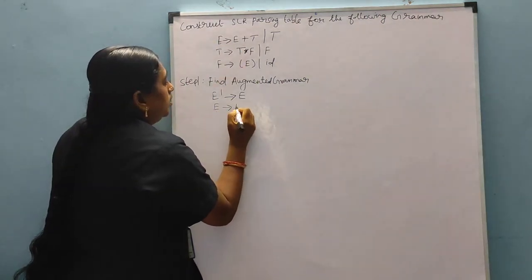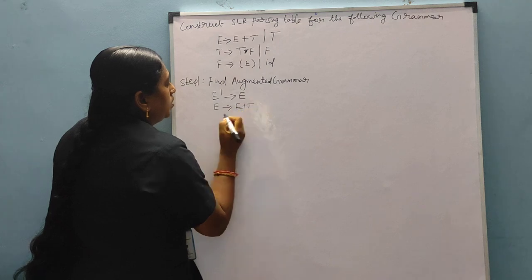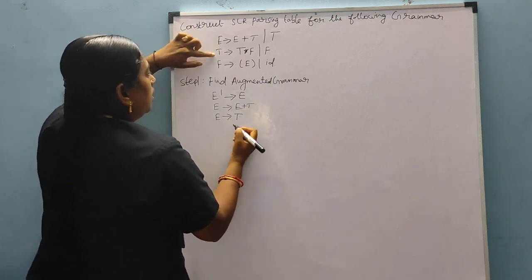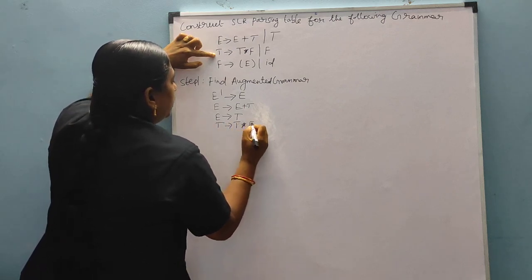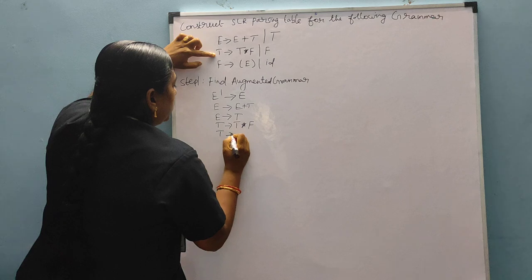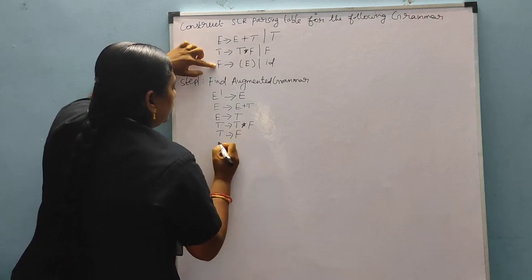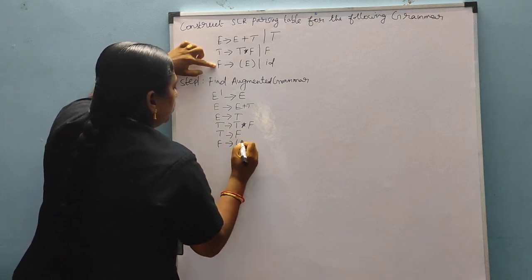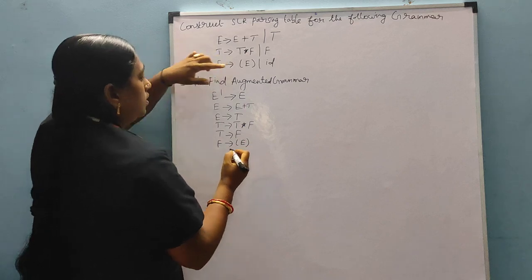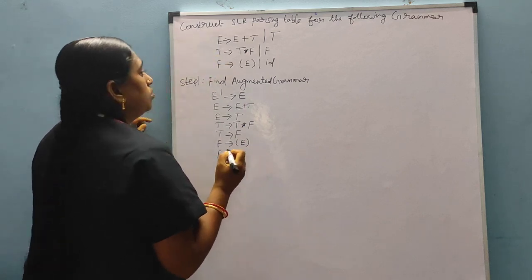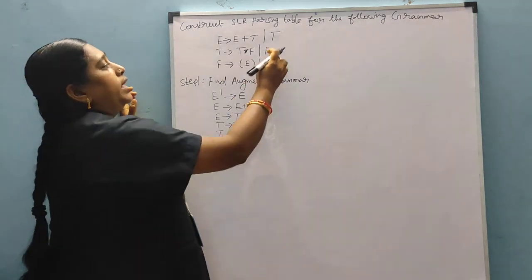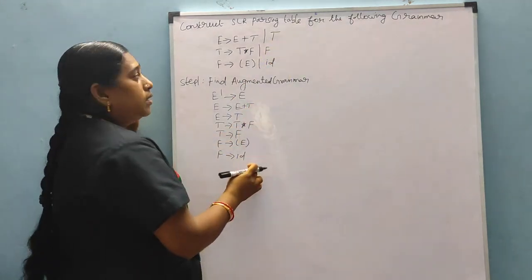So the given grammar: E tends to E plus T, E tends to T, and then T tends to T star F, T tends to F, then F tends to E, F tends to ID. So we have to write the proper grammar line by line.